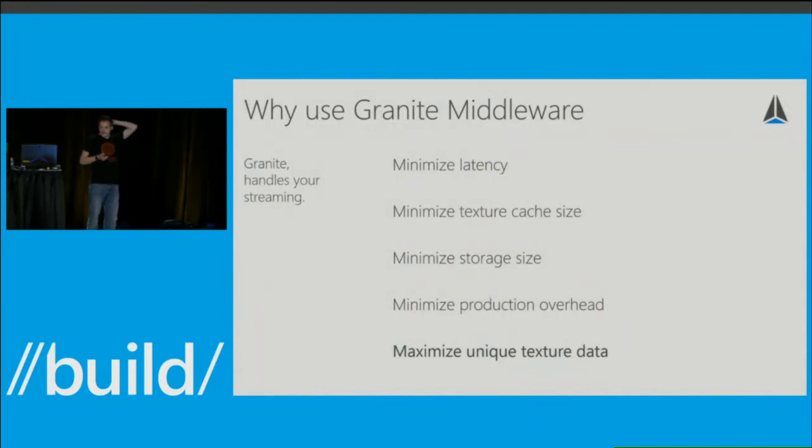So what are the key things that you have to make sure of when you try to use tiled resources? The first thing is that you minimize the latency. So that's the path from the tiles stored on your disk all the way into the GPU memory. You really have to shorten that path as much as possible, because with all the clever tricks you do, you still have to load the data as fast as possible.